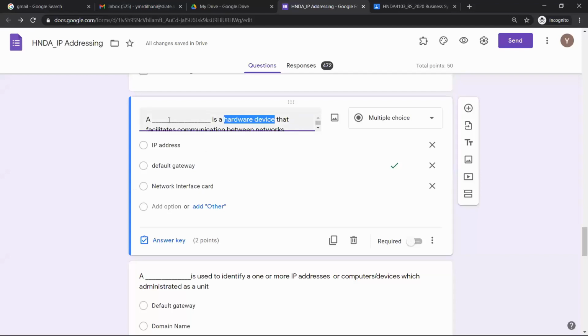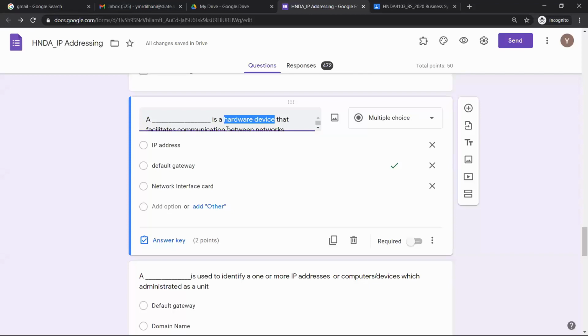But the question asks for a device which facilitates communication between networks. Between networks means between two separate networks, right? So clearly understand the question. Here it asks what kind of devices are used to facilitate the communication between networks, right?